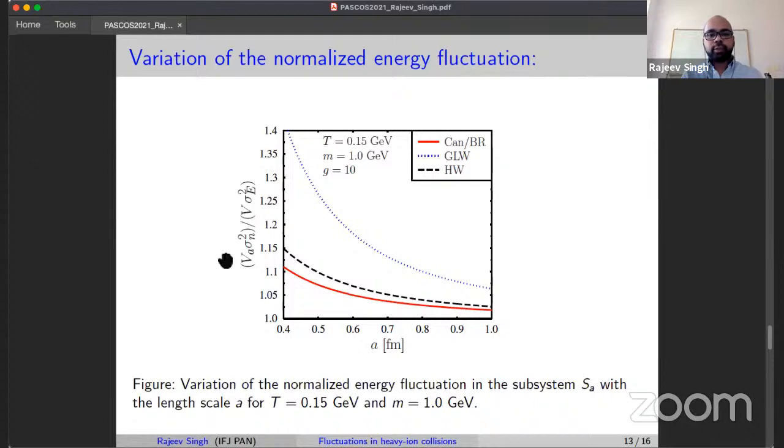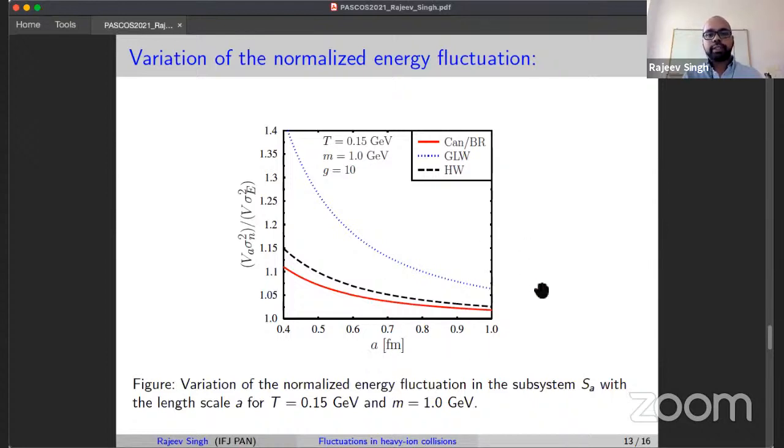One of the checks is that if you go to a large system size, where A is much larger than 1 Fermi or around 1 Fermi, then we reproduce the classical limit of the fluctuations of the energy momentum tensor or the energy density. In that case, all three quantum fluctuation expressions go to 1.